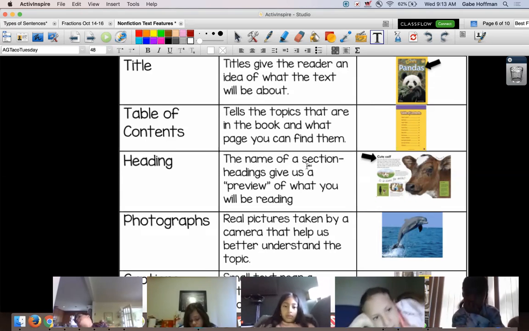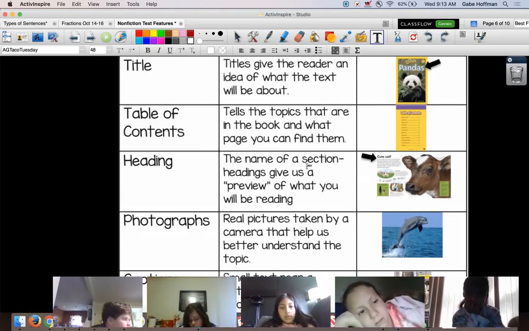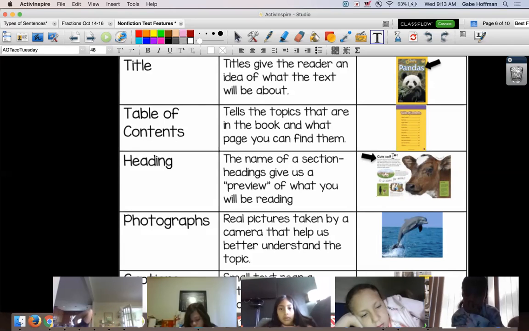The name of the section. Headings give us a clue of what you will be reading. Yeah. So like this says cute calf. That gives you a clue of what that section in the book is going to be about. Yesterday when we read the chemical reactions book, they had a different heading for different sections.